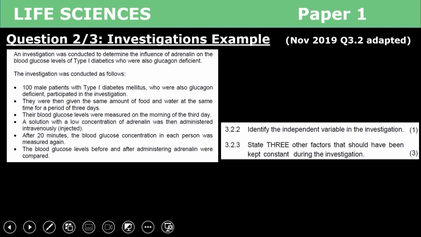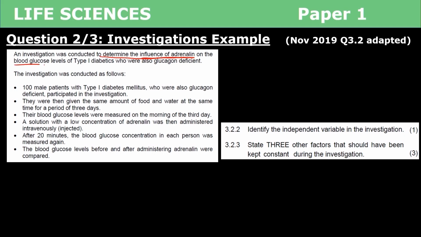Right, let's look at an example. An investigation was conducted to determine the influence of adrenaline. We were determining the influence of adrenaline, that is one factor, on the blood glucose levels of type 1 diabetics who were also glucagon deficient.